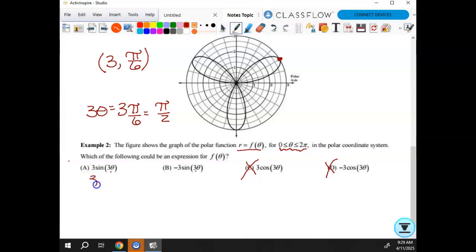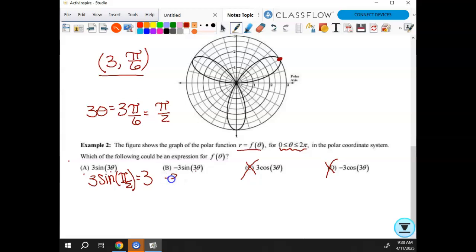Okay, so I'm going to have 3 times the sine of pi halves. What is the sine of pi halves? 1. So this just gives me 3. So I go to pi 6, 3. That's what I expected. That's what I wanted. I like A. I still need to check B.